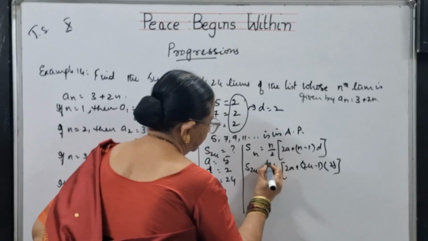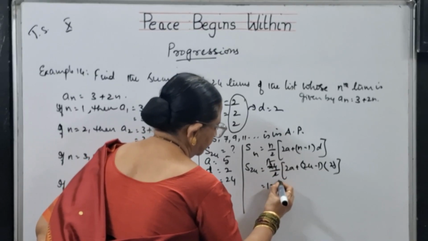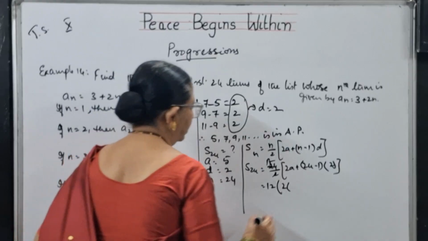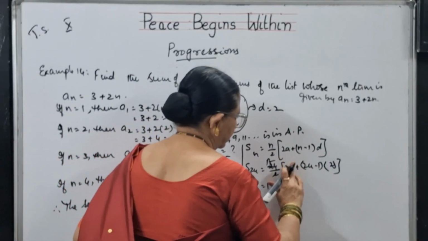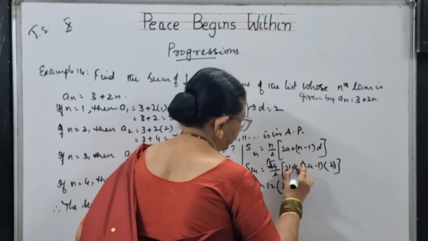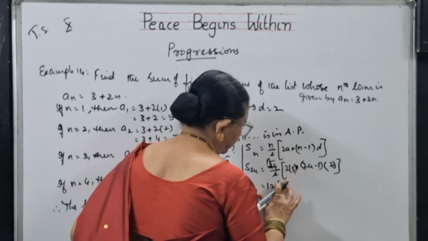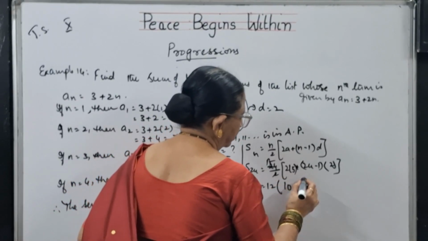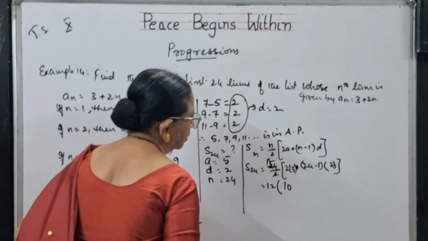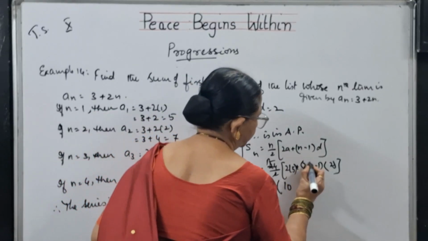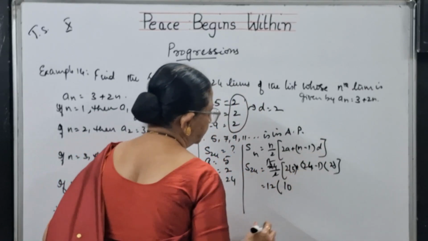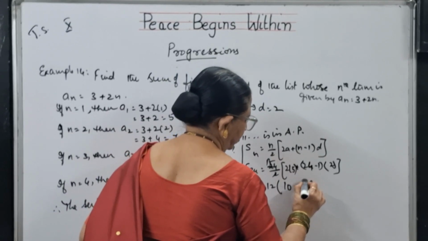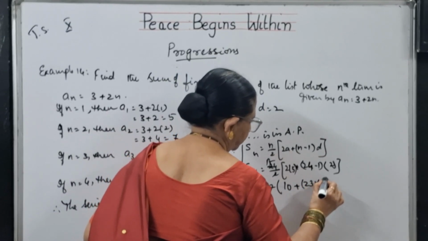That is equal to, this is 12. 12 into 2 into, what is a? a is 5. So here itself I can write 2 into 5, that is 2 fives are 10. I can write here 10. And 2 into here n minus 1, this is 2, 24 minus 1. So 10 plus 23 into 2.